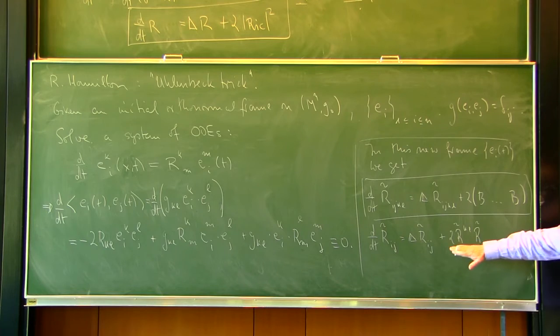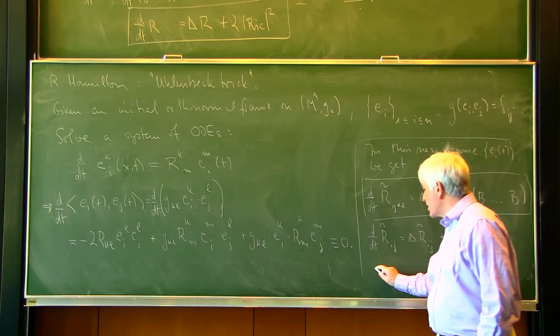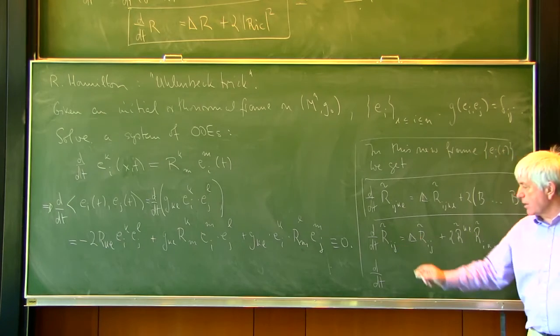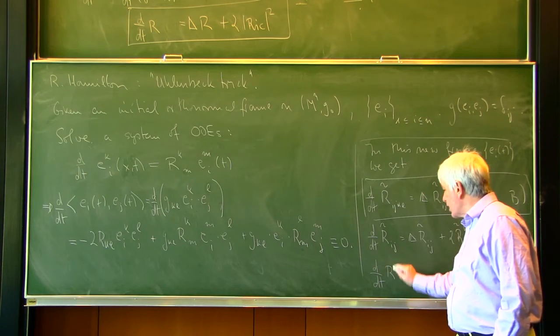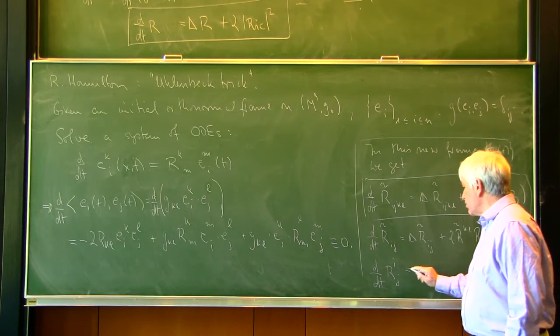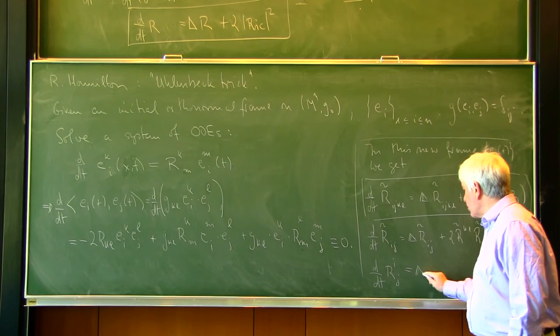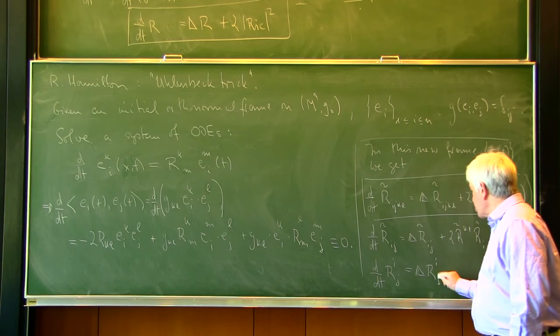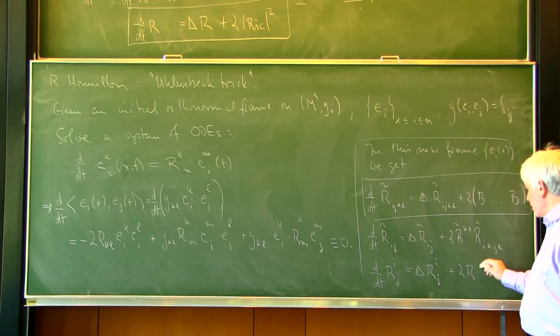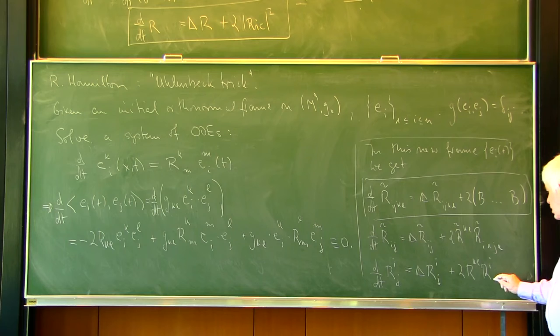And by the way, as long as you just have a symmetric 2-tensor, you can also achieve the same effect in the original coordinate system by just raising one index. So this is equivalent to saying in the original coordinate system, without the tilde, that d/dt of R^i_j is equal to Laplacian of R^i_j plus 2 times R_kl Riemann with one index raised, R^i_kjl.